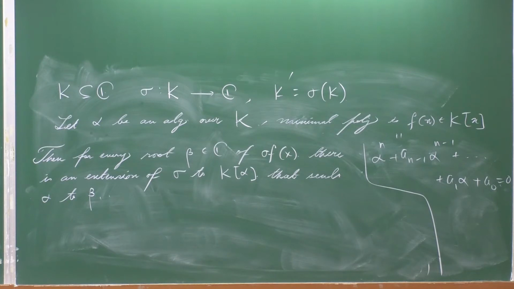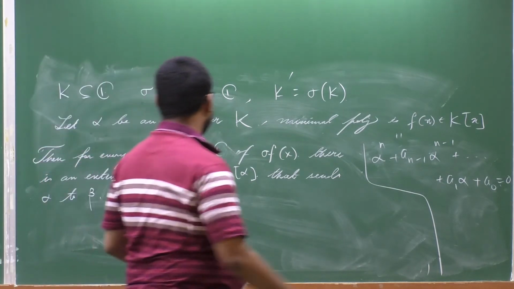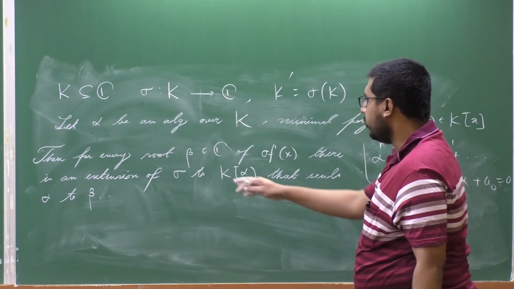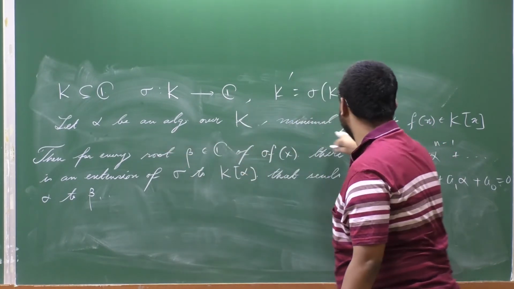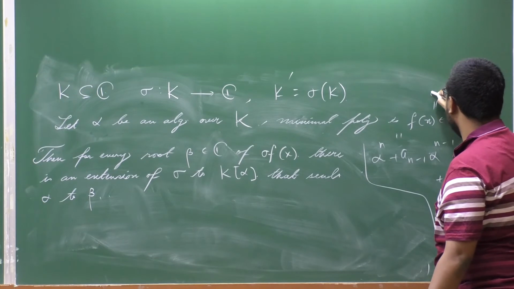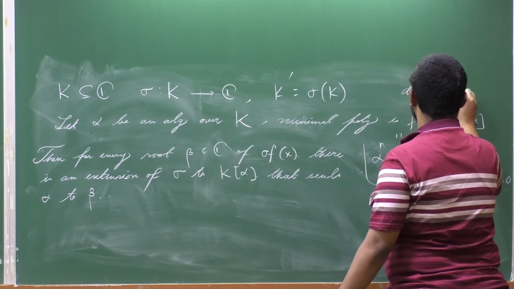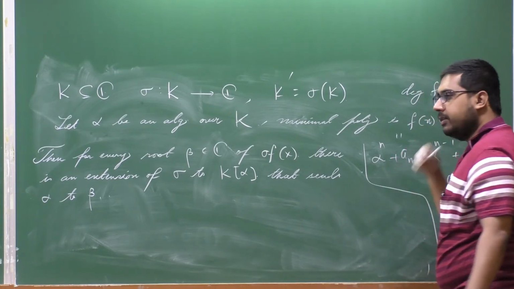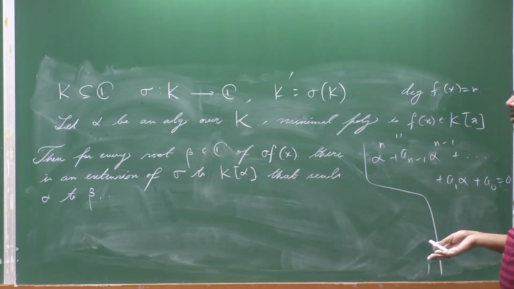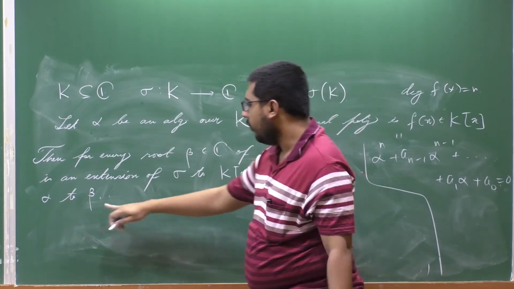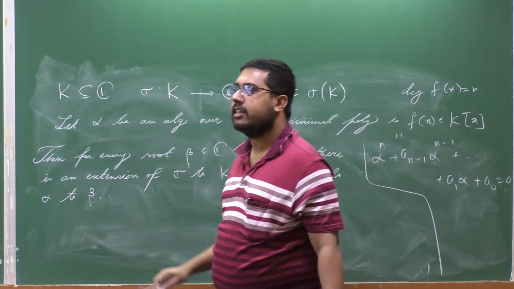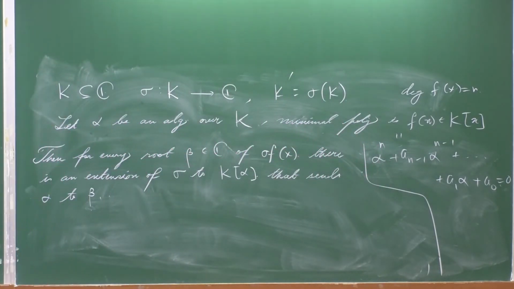So now you see that that gives us something very interesting. If this minimal polynomial has degree n, suppose the degree of f(x) is n, then similarly the degree of sigma f(x) will also be n. So therefore we have n such choices for beta. Sending alpha to each of these betas, you have n such betas, that gives us n such extensions.